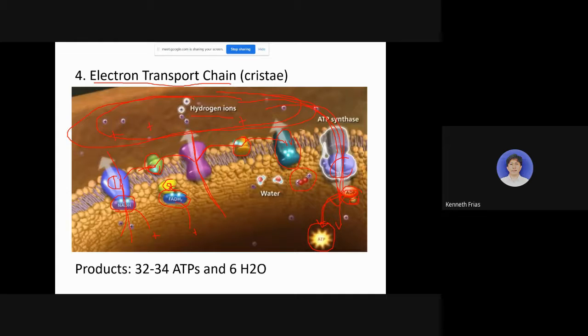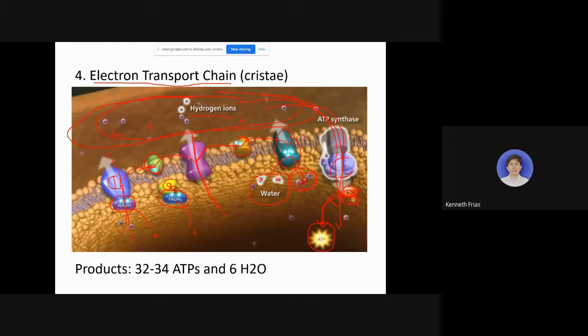The presence of oxygen molecule, this oxygen molecule will act as the final electron acceptor in the process of electron transport chain. So these electrons here will combine with this oxygen molecule together with hydrogen ions, and this oxygen molecule will be transformed into water molecule. And water molecule is one of the products of cellular respiration.